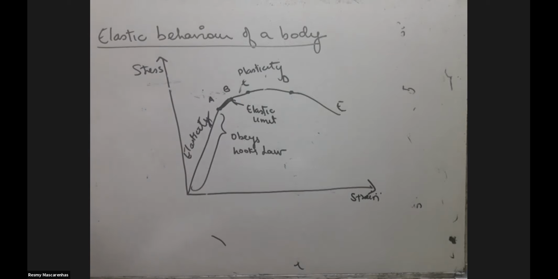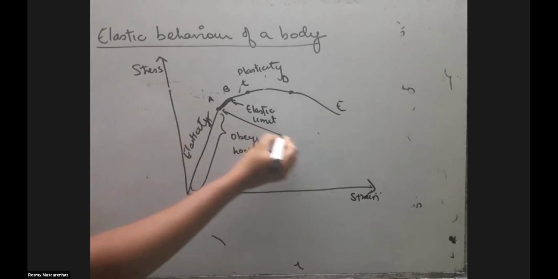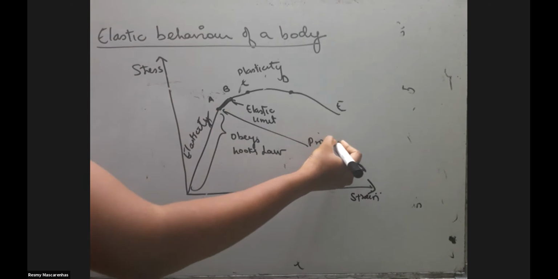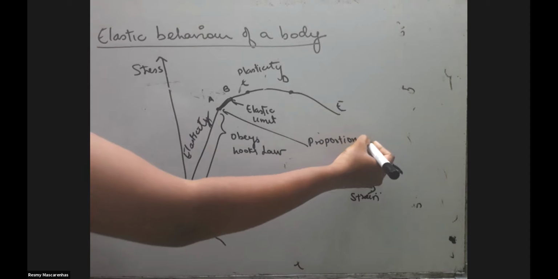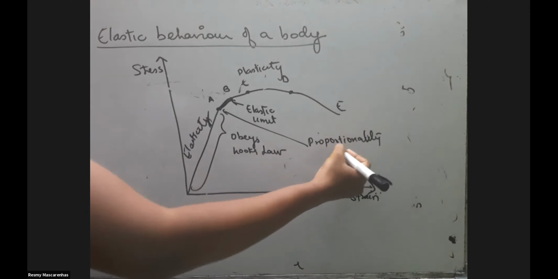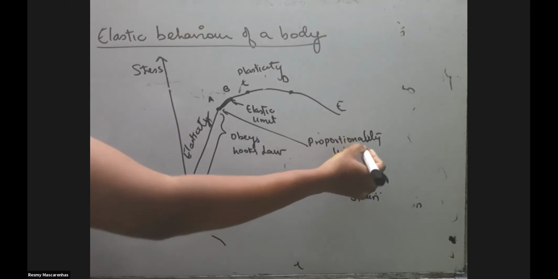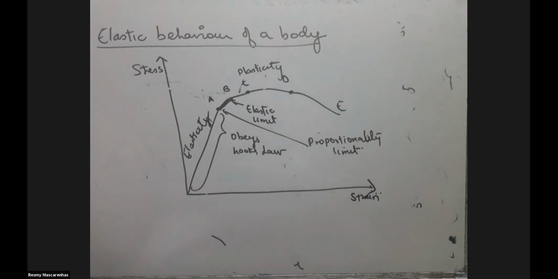And point A is called the proportionality limit. So till here, what is going to happen?